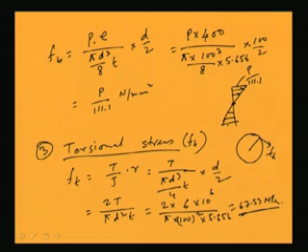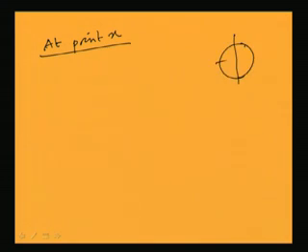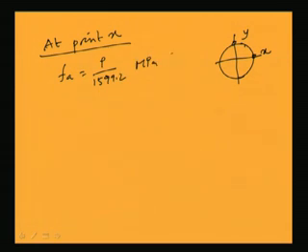Now, let us see the stresses. Say at point x, if I see this, I am denoting this as x and this as y. So, at point x it will be Fa is equal to P by 1599.2 MPa, which is in this direction.